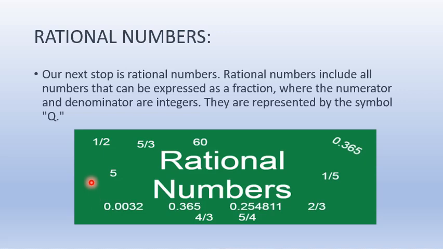When I divide 30 by 5, I get the answer 6, a whole number. So whole numbers are a part of rational numbers. Don't forget that. Even the natural numbers are a part of rational numbers. So these are all examples of rational numbers.